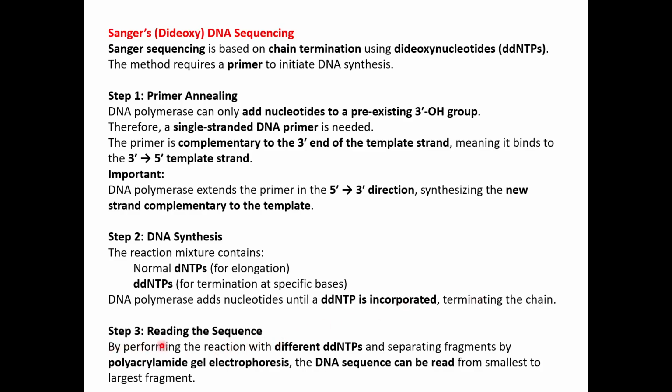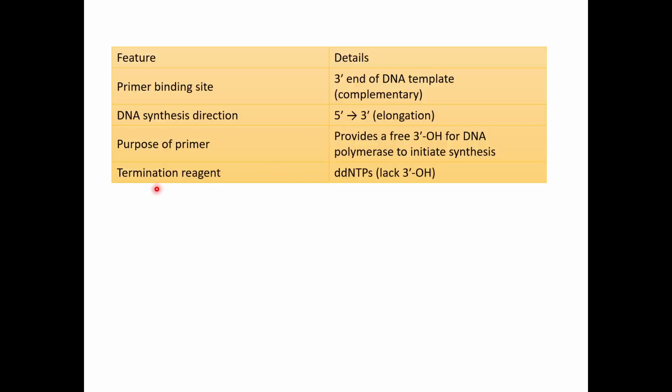So reading the sequence by performing the reaction with different ddNTPs and separating the fragments by polyacrylamide gel, the DNA sequence can be read from smallest to the largest fragment. So these are the specificities of it: primer binding site, DNA synthesis direction, purpose of primer to provide a 3' OH for initiation, and termination reagent is ddNTPs.